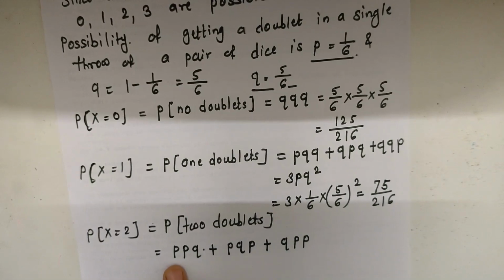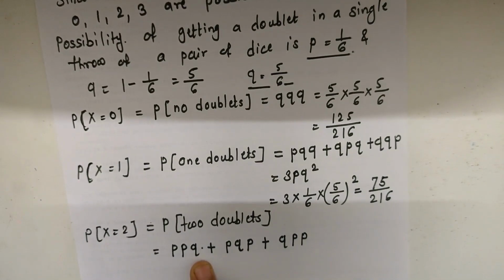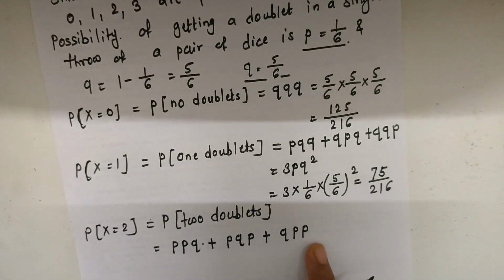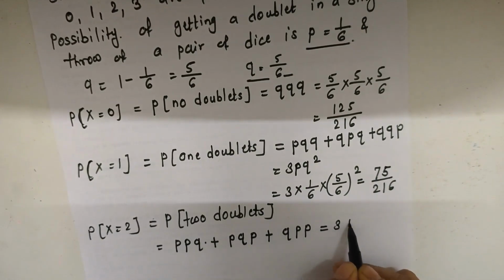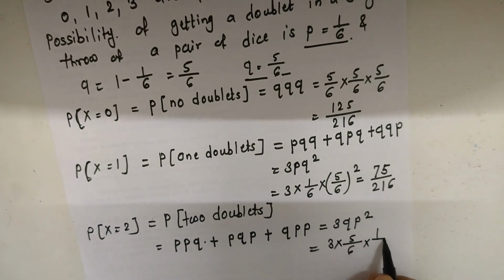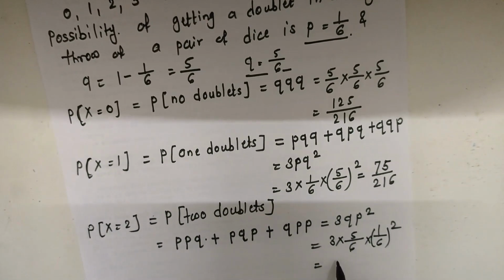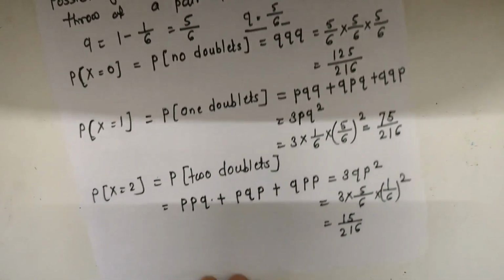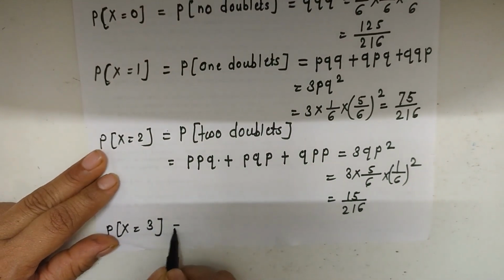So 2 times we get a doublet and 1 time we get failure. These possibilities are PPQ plus PQP plus QPP, in 3 ways. So this can be written as 3Q into P square, which is 3 into 5 by 6 into 1 by 6 square, equal to 15 by 216.